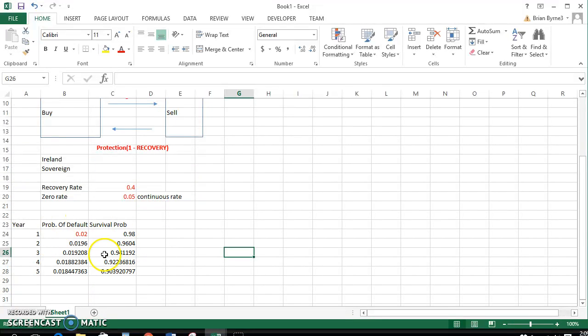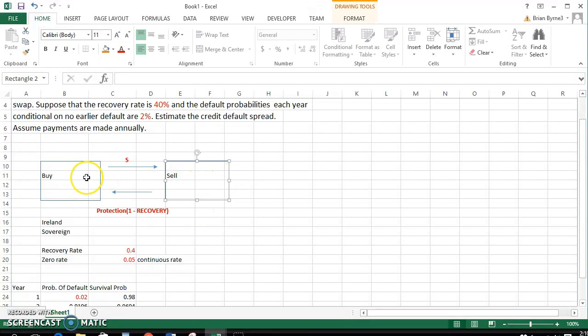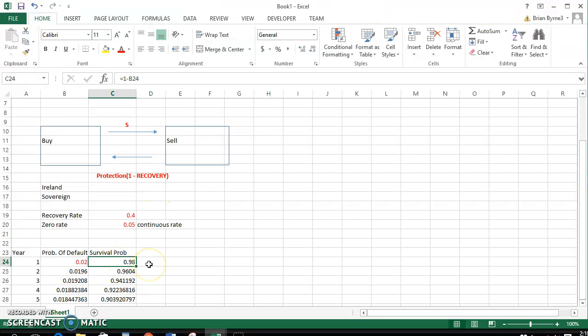Now remember, the reason why this is important to understand is that once we set out our example here with the buyer paying S each year for 5 years, they only pay if they survive each year. So the chance of paying S in year 1 is really the probability of not defaulting.